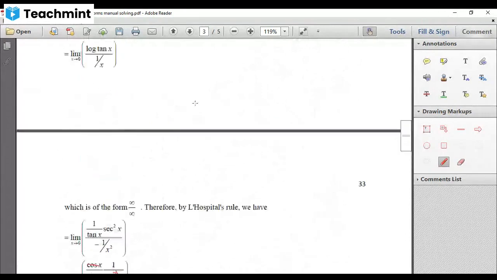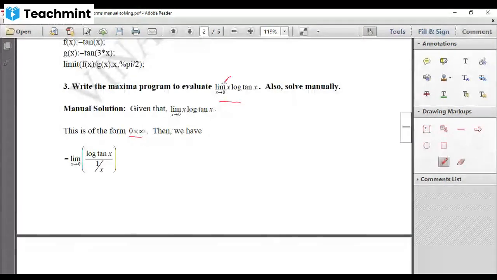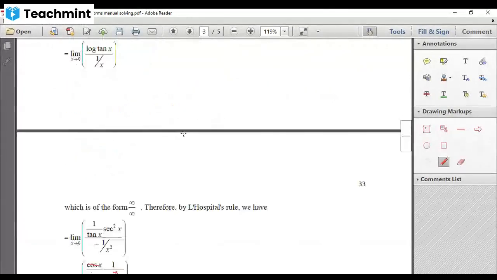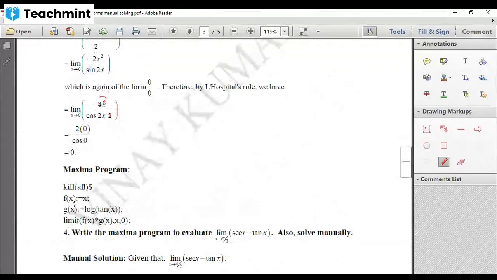Now, since it is of the form 0 into infinity, you have to assume one of them as f of x and the other one as g of x. Okay. So let us assume kill all with dollar sign, f of x is assigned with x and g of x is assigned with log of tan of x, comma, limit of f of x into g of x, because it is of the form 0 into infinity, comma, x, comma, 0 with semicolon, and that gives you the answer.